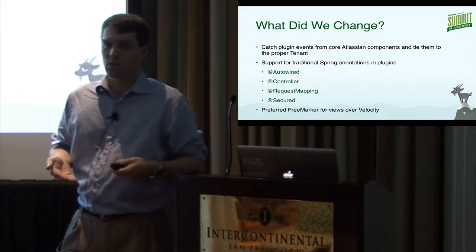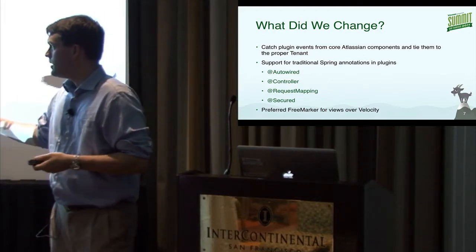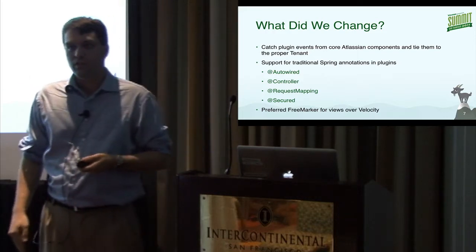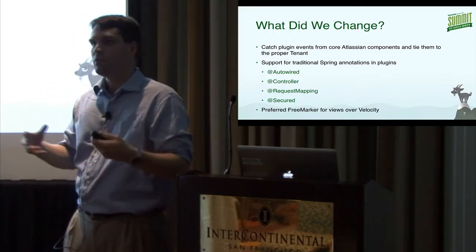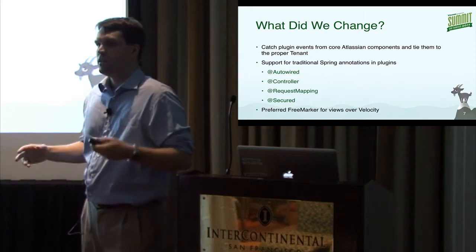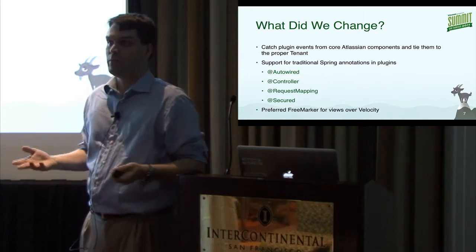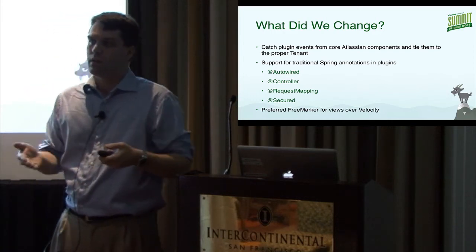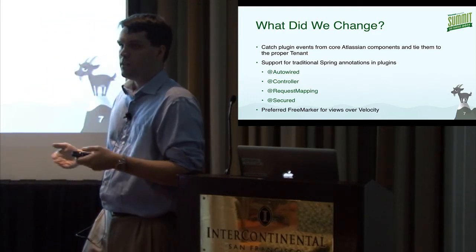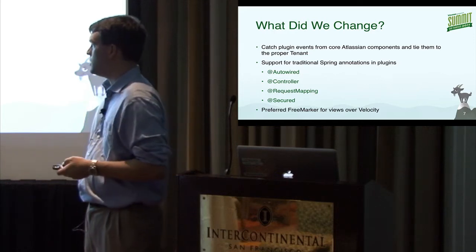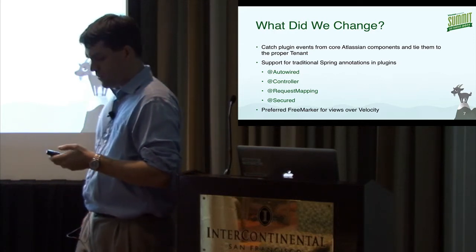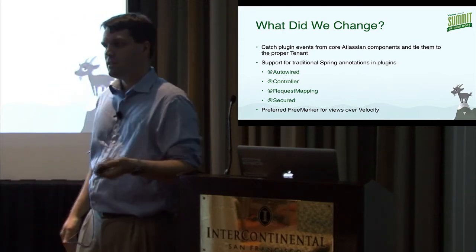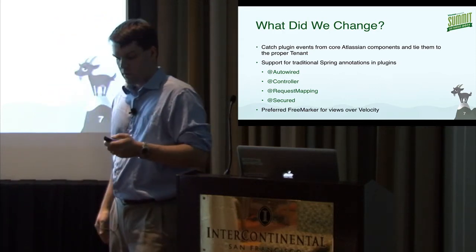Since we were leveraging Spring MVC, we also added the controller annotation, the request mapping, and some support for Spring security as well. So effectively, when you're writing a Qato plugin, you're able to write it just like a normal Spring bean with all the annotations, and when you deploy your plugin, those will get picked up and added to the proper handlers inside the application. And then additionally, we preferred FreeMarker for our theming, so we switched support from using Velocity to using FreeMarker.